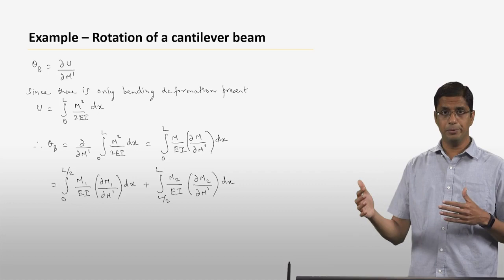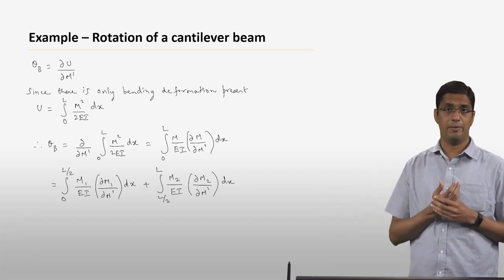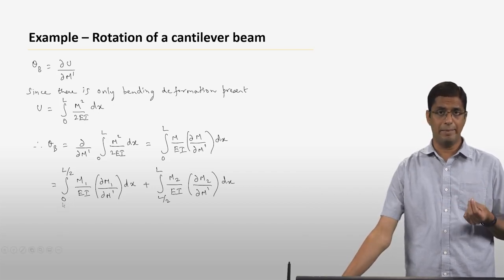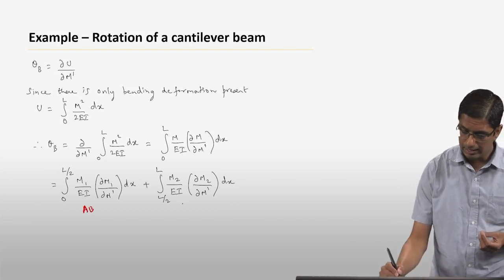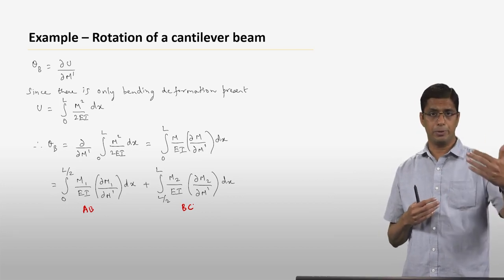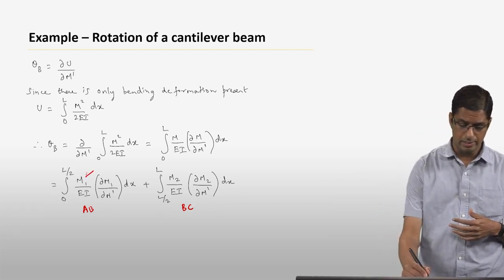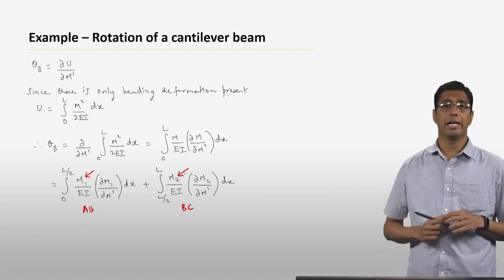Now we know that the moment function is not constant all the way from 0 to L. From 0 to L by 2 and from L by 2 to L, it has different functions. So 0 to L over 2 is the segment AB. Let me just point it out: this is segment AB and that is segment BC. So the limits become 0 to L over 2 and L over 2 to L. This is the moment function in AB and that is the moment function in BC.